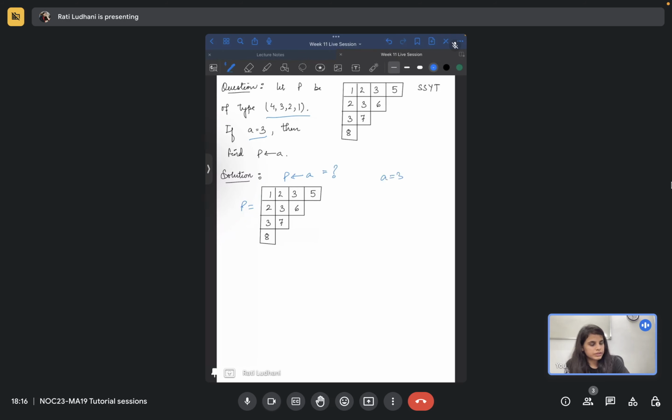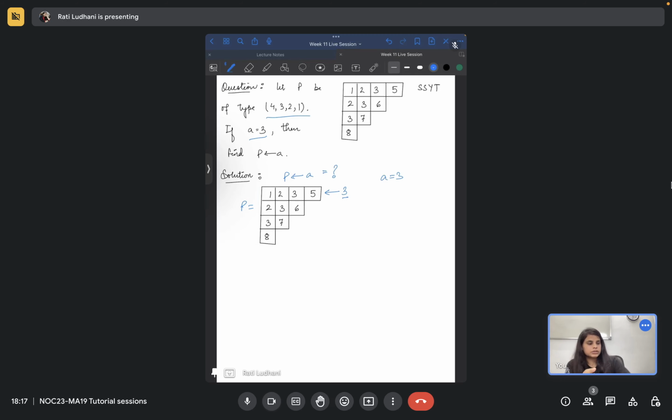So how will we start? We will start from the first row and see how it behaves. So this is 3. If you insert 3 in P, how will it behave?